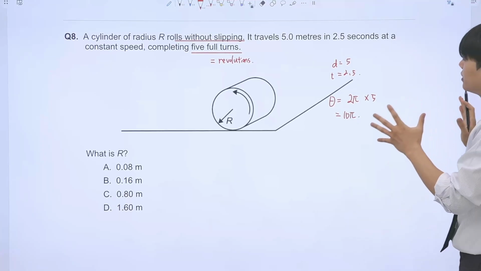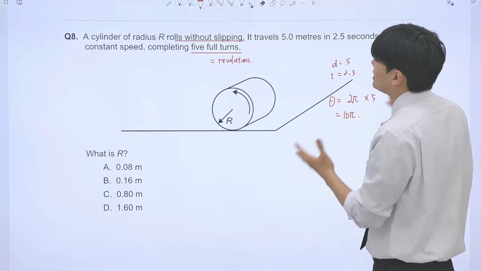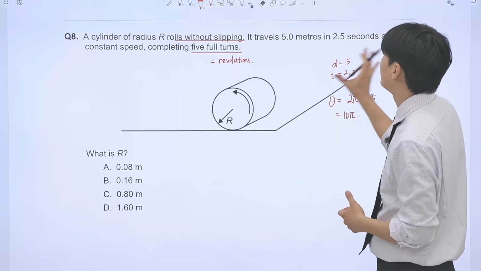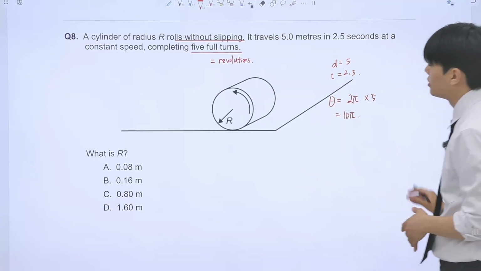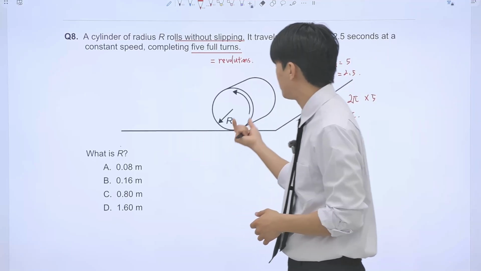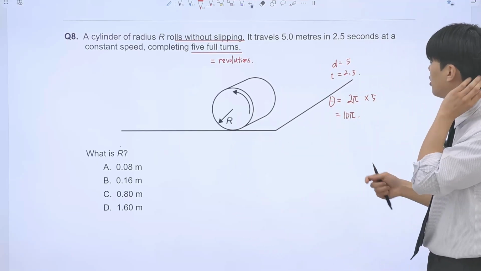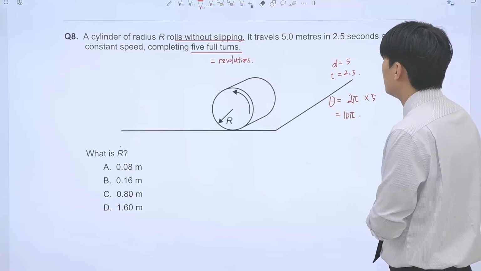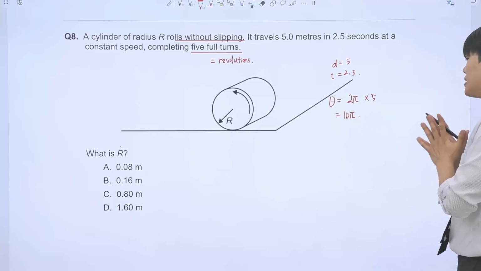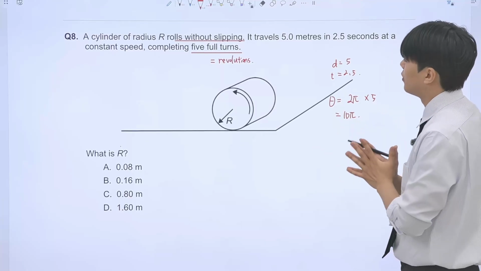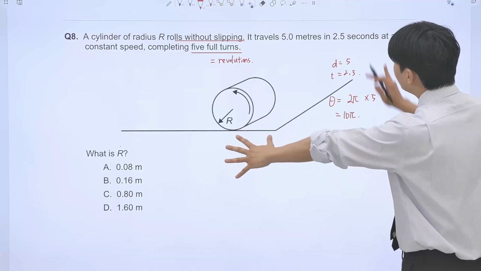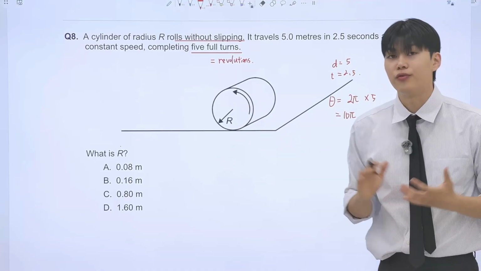Now we have a list of the hints they've given. But the question asks for R, the radius of the sphere, or cylinder. The challenging part is to find the link between R, d, t, and theta. It's really hard, right?